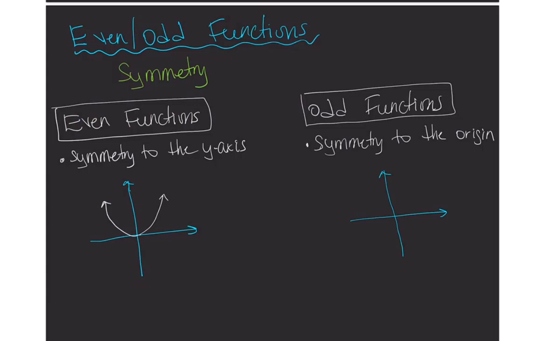Symmetry, when it comes to the origin, is ultimately, if it flips over the origin, it's going to look the same on either side. So it would look kind of like this. Okay. To where if I took just this piece and I flipped it over the origin, because to flip it over the origin, I'd have to go over x and over y, it would flip it down here.